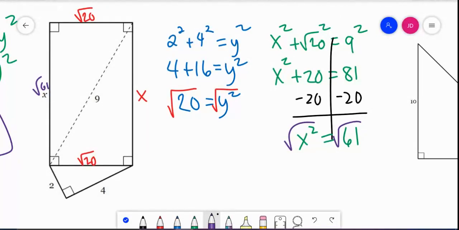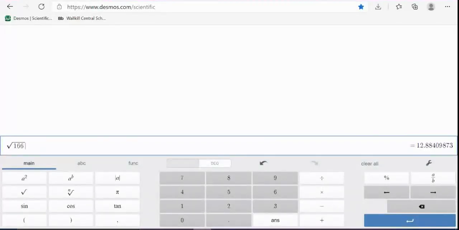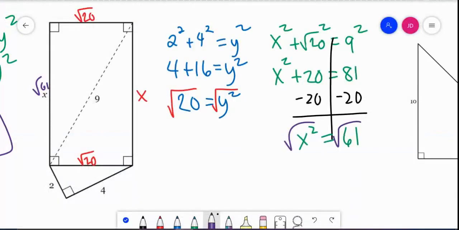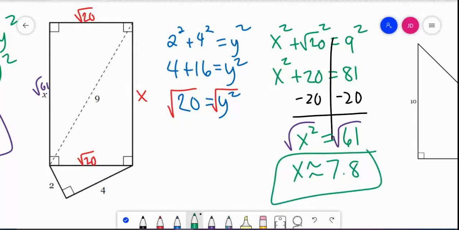But if I need to round it, 61 is about 7.8. So this number right here is about 7.8. Not exactly.